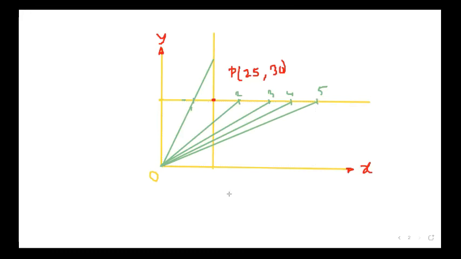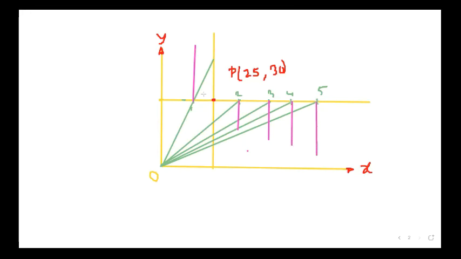Okay. Now from this horizontal line, draw a vertical line, because this line intersects at this one. From 2, extend up to this. From 3, draw another vertical line. From 4, draw another vertical line. From 5, draw another vertical line.